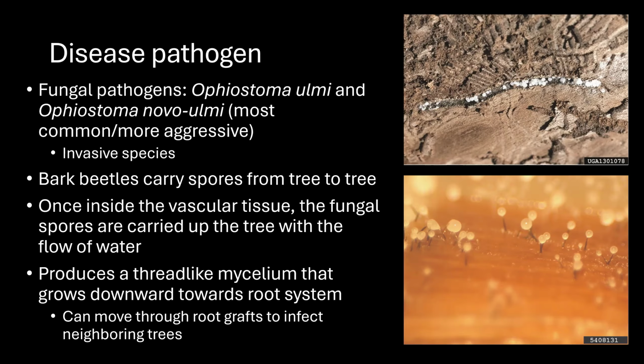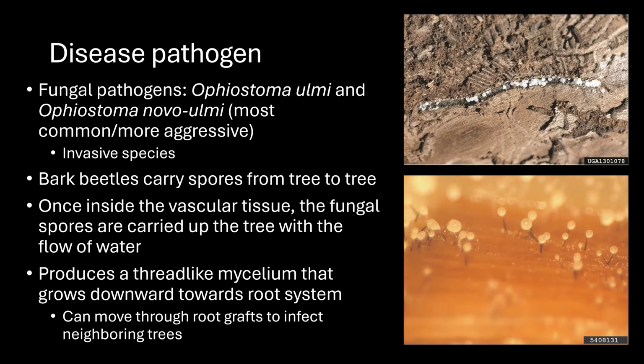Now, how in the world does the fungus get on the tree? Well, we'll talk about that more in a minute. But basically, we have bark beetles that are capable of carrying spores from tree to tree. So we're talking about an insect vector.